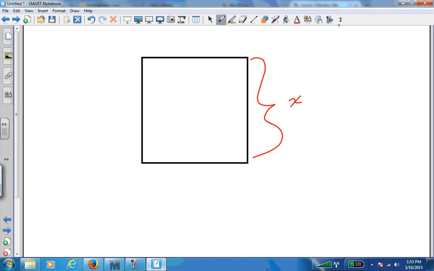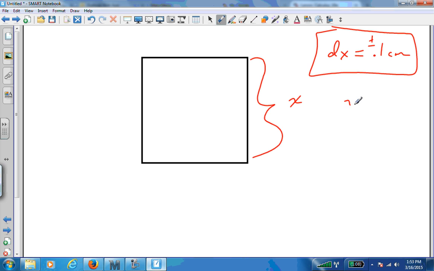And let's suppose that our error in measuring the side is a tenth of a centimeter, our possible error. So if I were to measure the side of that, I could get it pretty close, but I can't get it exact. So I'm going to say I can measure within 1/10 of a centimeter. And let's suppose that when we measure it, our actual square is 10 centimeters by 10 centimeters.